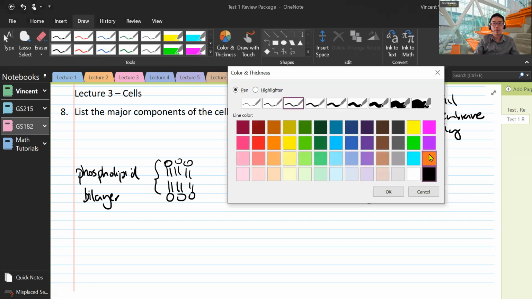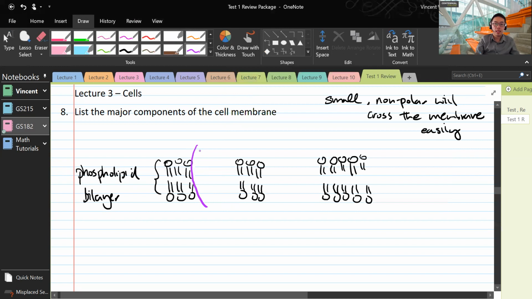Now, of course, the phospholipid is not the only thing that is found in the cell membrane. We're going to have some integral proteins, right? There are many examples of integral proteins that we learned. One example would be these channel proteins. Remember?